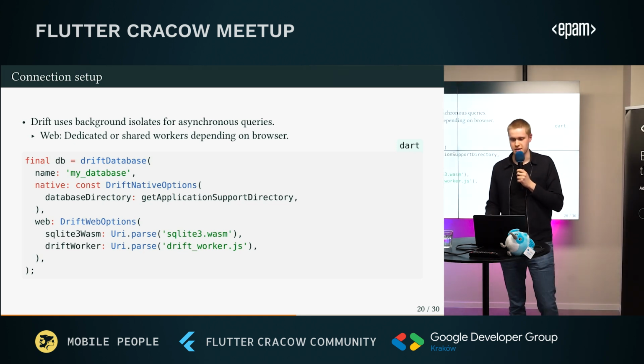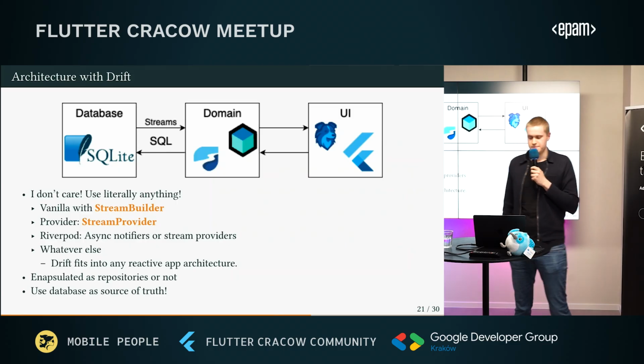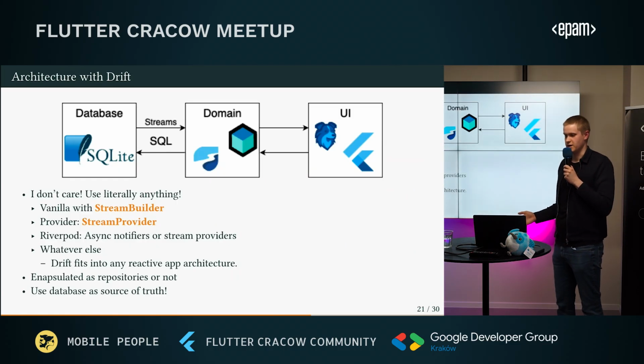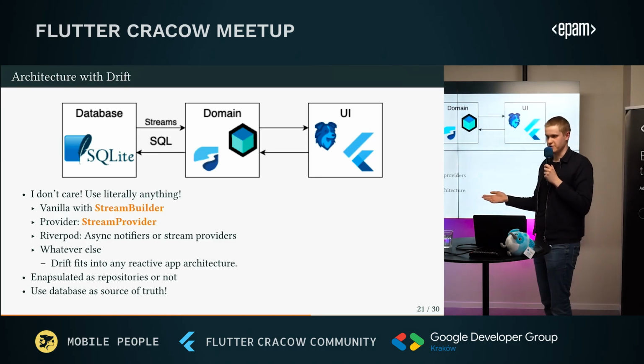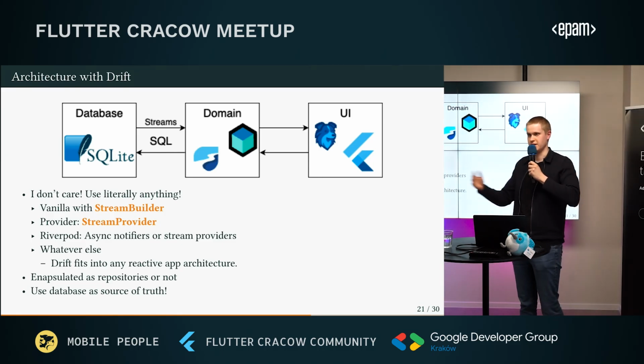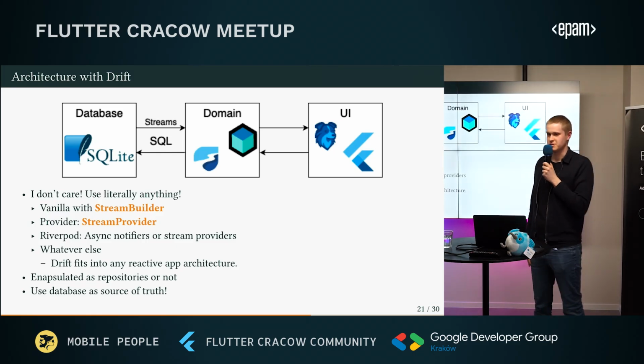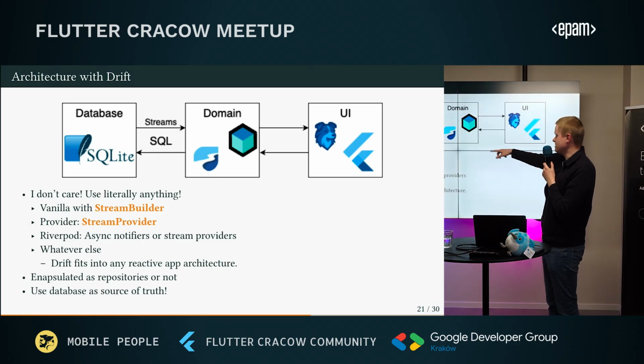I will talk about some advanced things towards the end of this talk. But first, a question that I get quite a lot is: okay, I have adopted Drift now, but how do I actually use it in a non-trivial app? I know that apparently people are tired of state management talks, so my takeaway is I don't care.